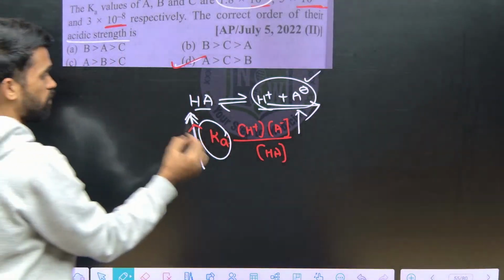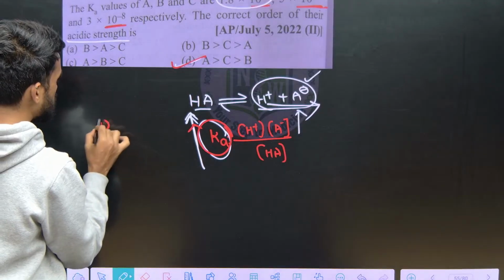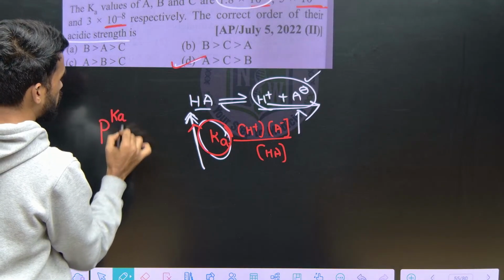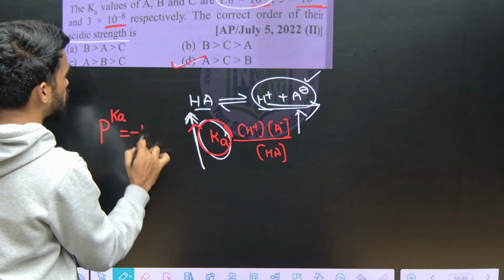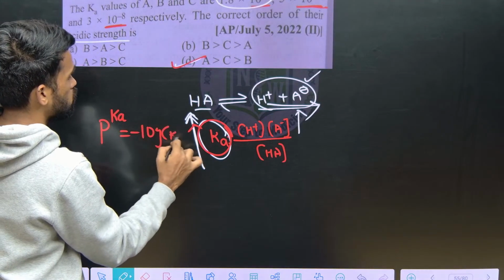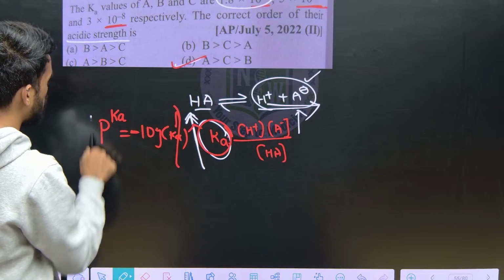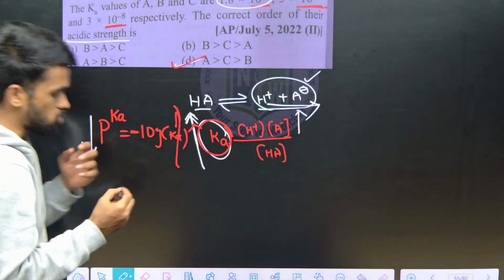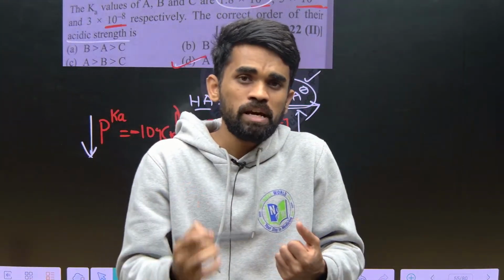If this Ka value is more, how is it related to pKa? pKa is minus log Ka. So if Ka value is more, since there is a minus symbol, pKa will be less. For a stronger acid, Ka value will be greater and pKa value will be smaller.